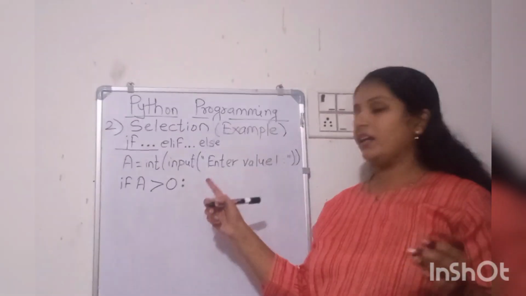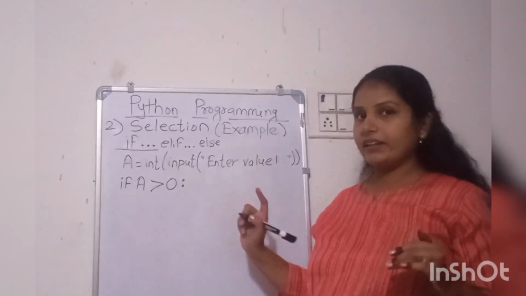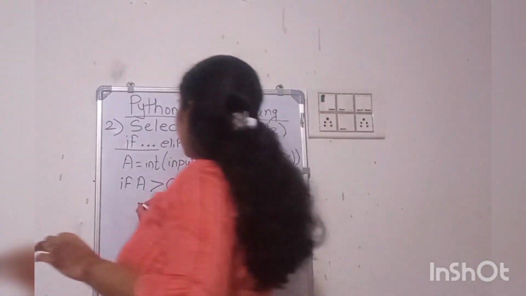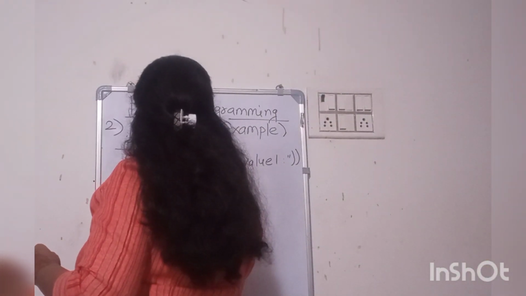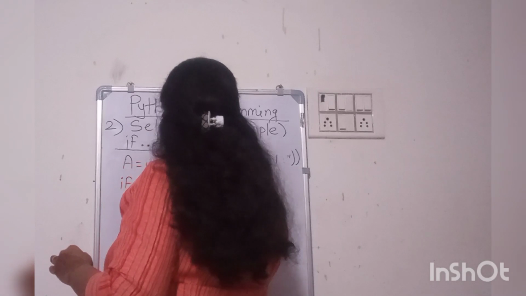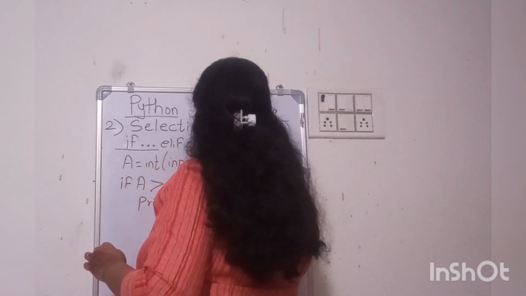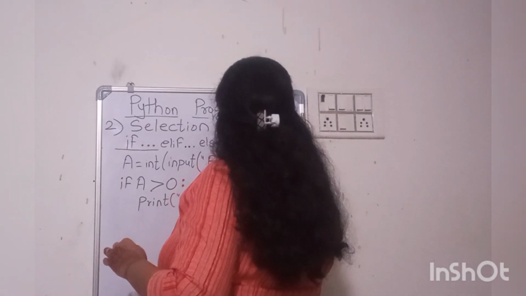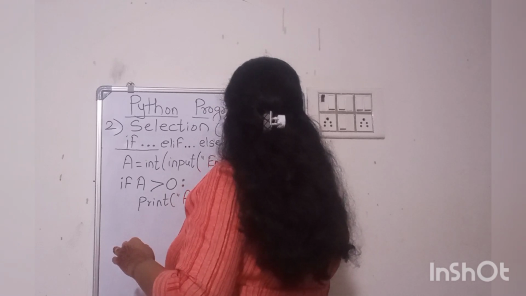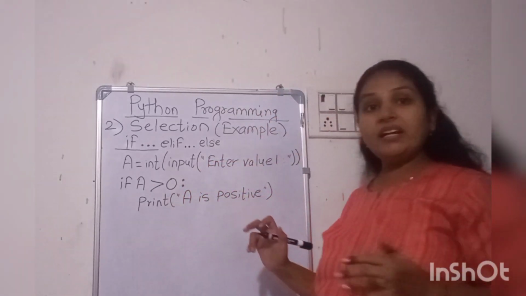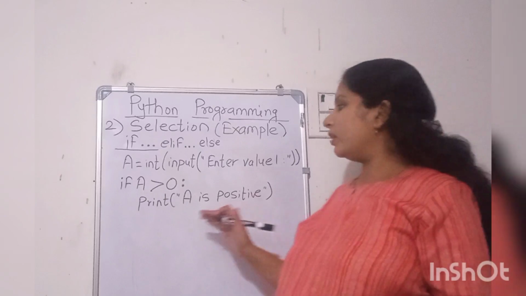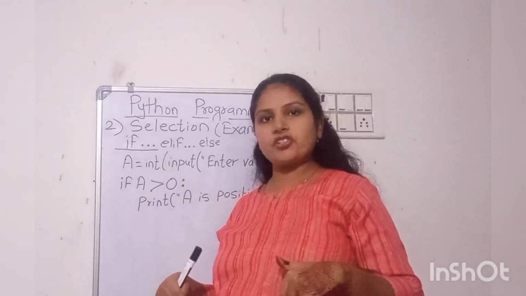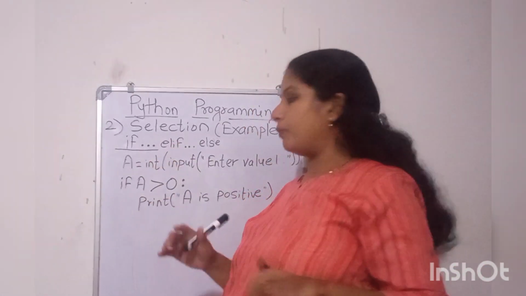If the value of a is greater than 0, I start the indentation block here and just print a is positive. Now I check the second condition, which will be in the elif part.